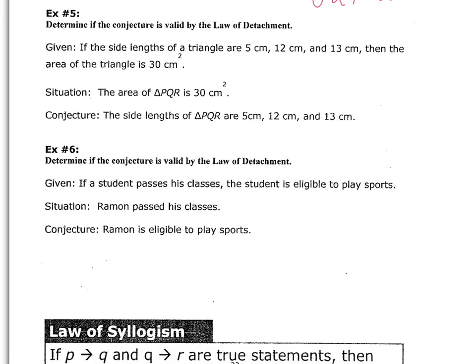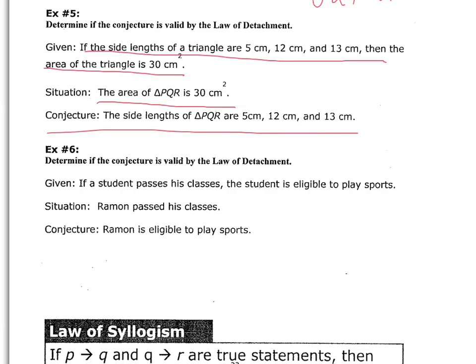Let's try another one real quick. Example 5 says, if the side lengths of a triangle are 5, 12, 13 centimeters, then the area of the triangle is 30 centimeters. And our situation says the area of PQR is 30 centimeters squared, and that our conjecture is that 5, 12, and 13 centimeter sides give us an area of 30.